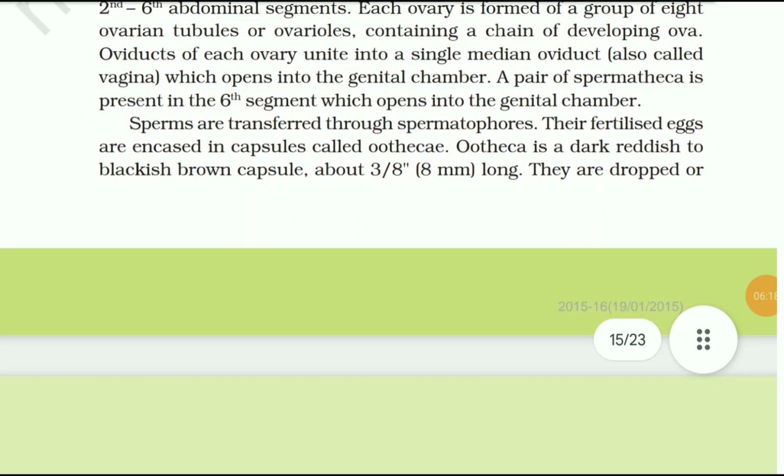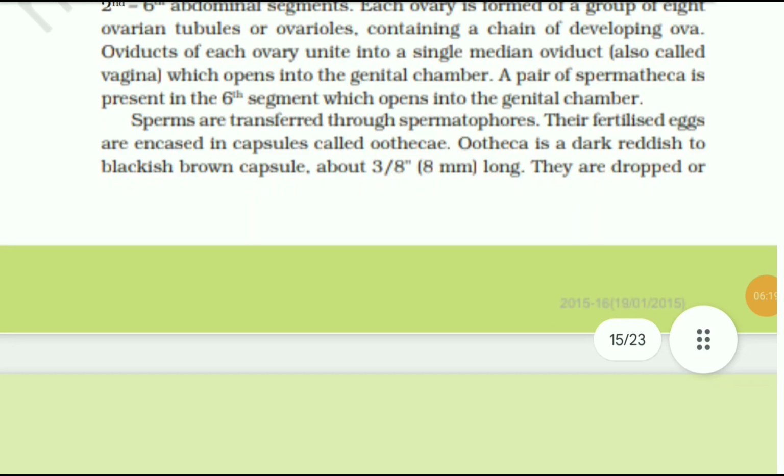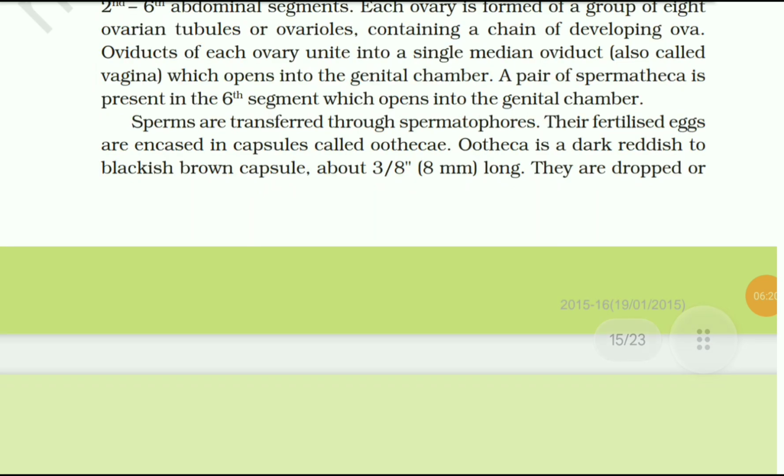The female reproductive system consists of two large ovaries lying laterally in the 2nd to 6th abdominal segments.